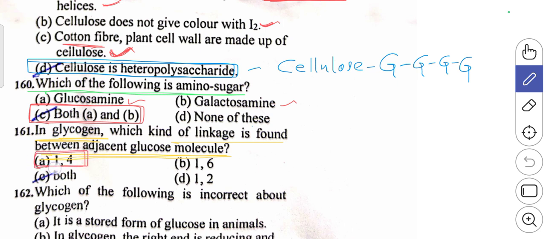We will also come across another thing, as it forms linear chains and branches. So in glycogen you'll also come across another link, that is 1 comma 6.